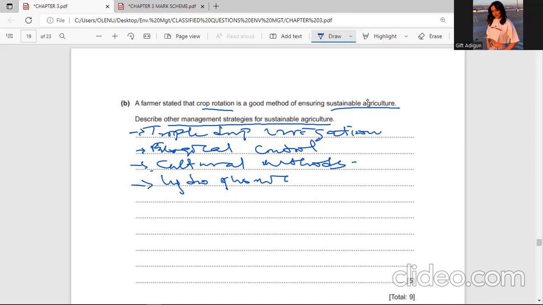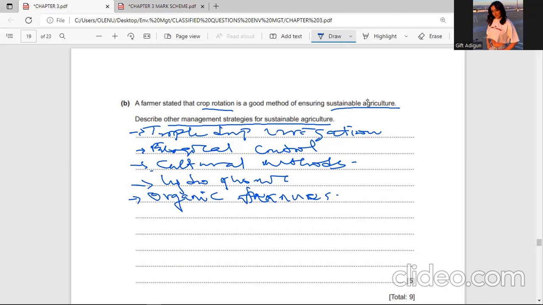It will help. Another thing is you can use organic fertilizers, organic manures, because they help to reduce eutrophication.